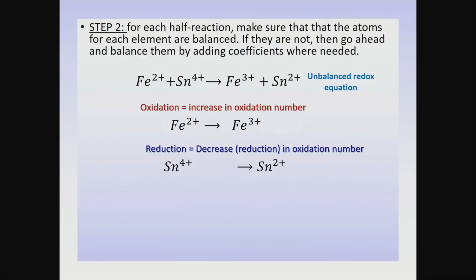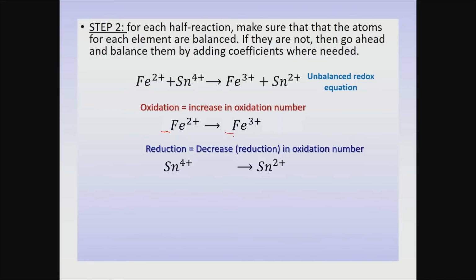For each half reaction, make sure that the atoms for each element are balanced. If they are not, then go ahead and balance them by adding coefficients where needed. So what we need to do is check for each half reaction, do we have the same number of that atom on the reactant side as we have on the product side. In this half reaction, there's no coefficient here, so we have one iron ion.